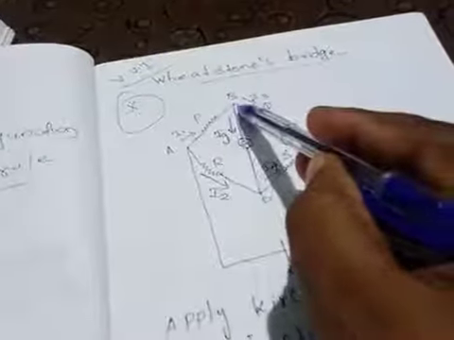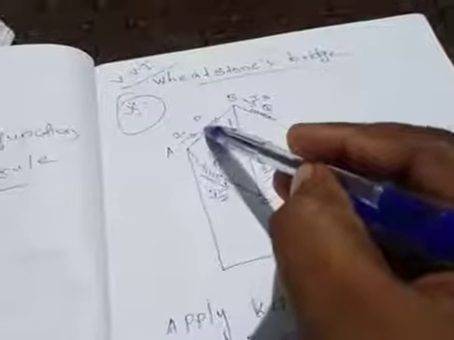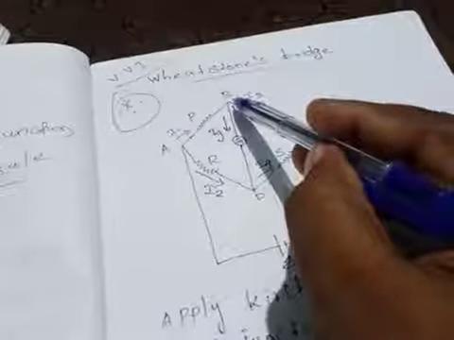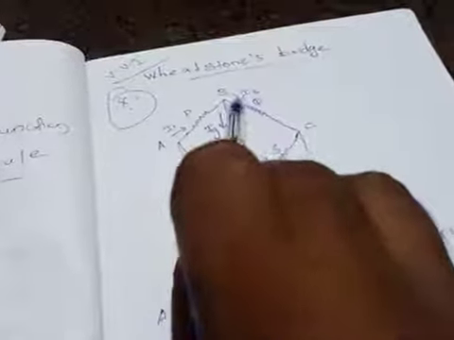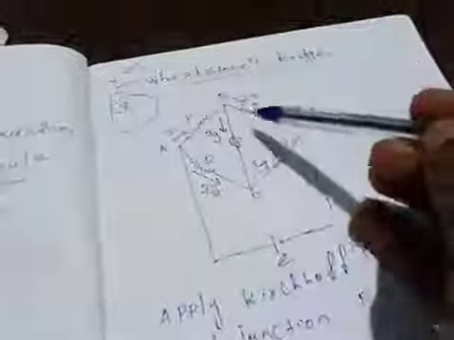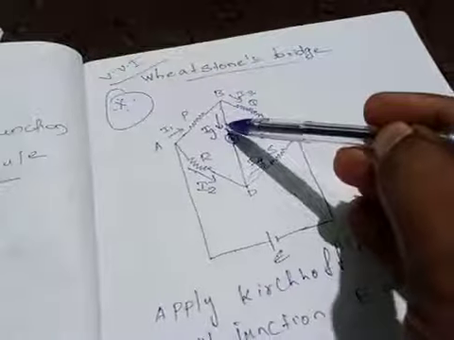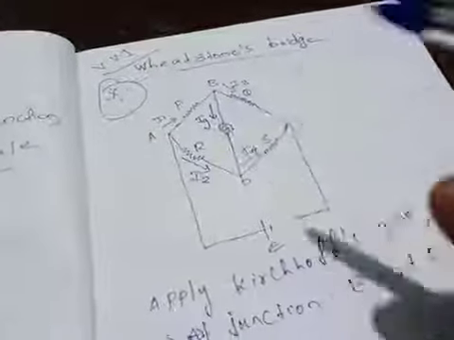So let us see the currents passing at this B junction. I1 is moving towards B. I3 is moving away from B. Ig is moving away from B through the galvanometer, whose resistance is capital G.